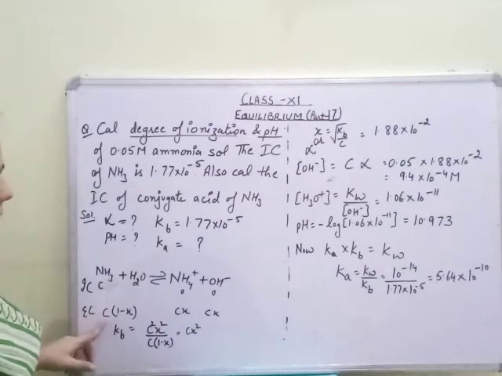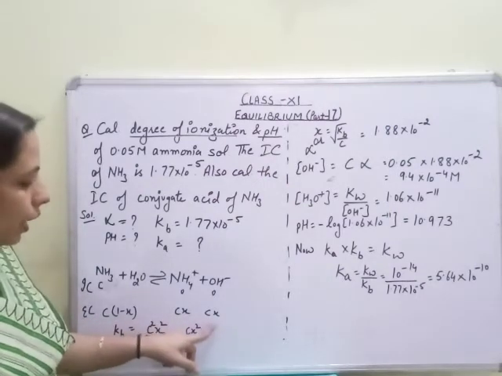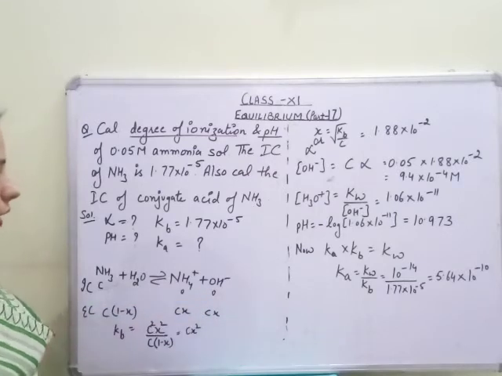Total concentration will be C into 1 minus x, and Cx and Cx for both these ions.